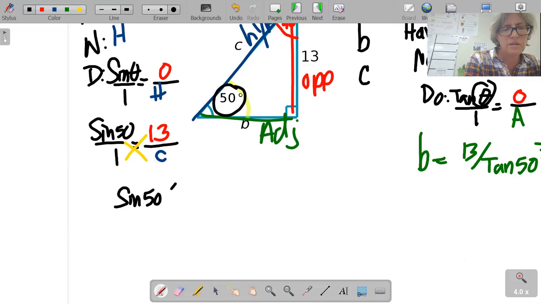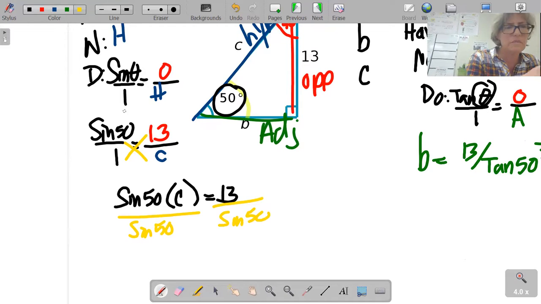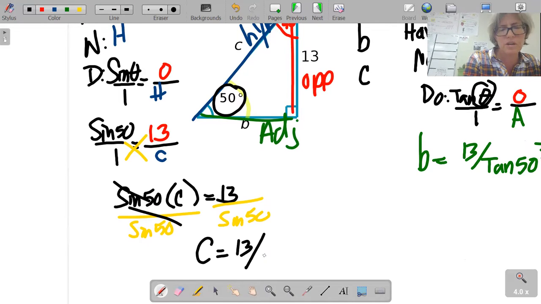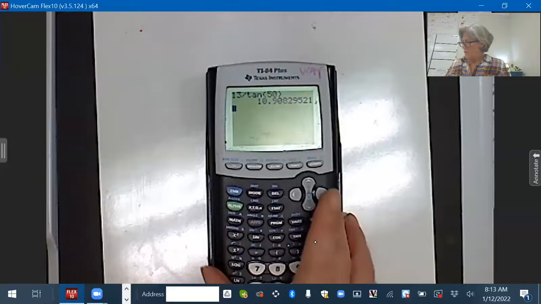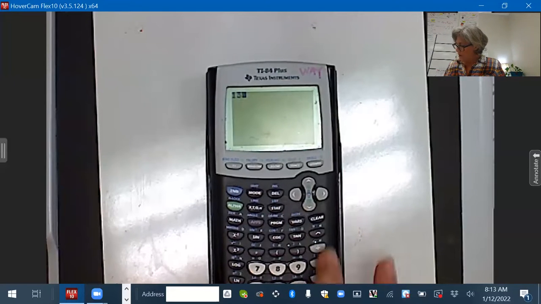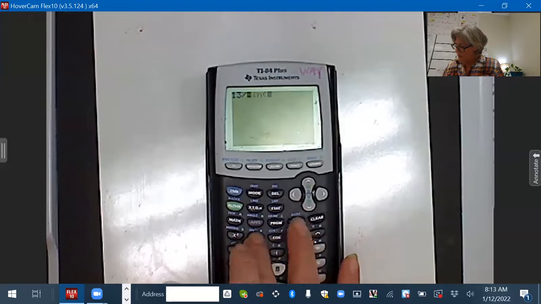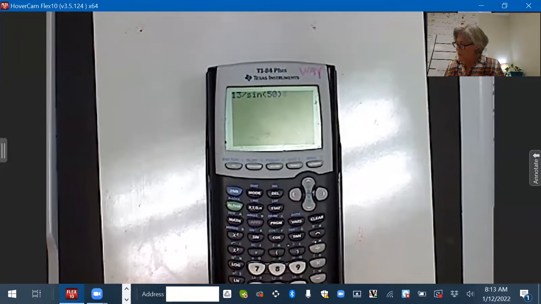Sine of 50 times C equals 13. So I have C equals 13 divided by the sine of 50. So I have 13 divided by sine of 50.